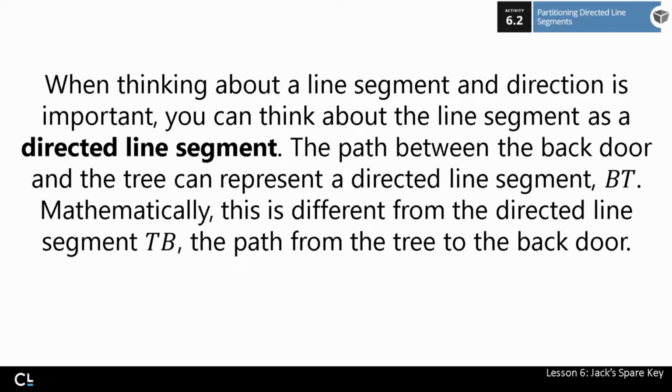So naming it is important because naming it is telling me the direction I want to go, right? There is a difference between BT and TB because one, we're going from the back door to the tree. The other one, we're going from the tree to the back door, right? So it says TB is the path from the tree to the back door.